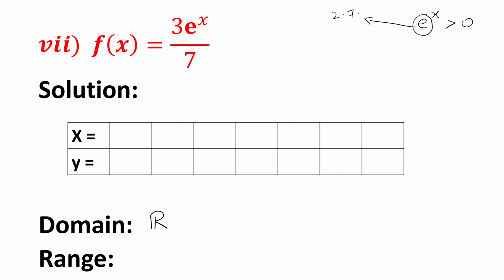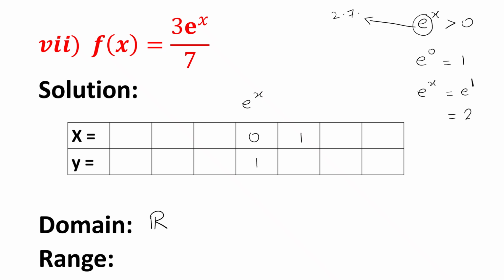Now we check for different values of x. This is the table for e power x values. When x is 0, it becomes e power 0, and when the power of any number is 0, it is equal to 1. When x is 1, we have e power 1.